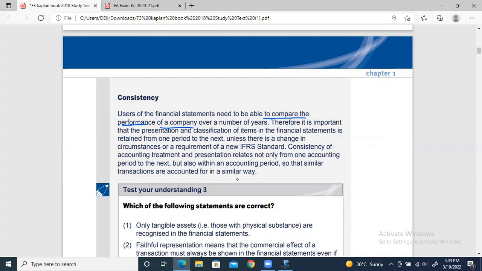We studied this just above in comparability, right? In the enhancing financial statement characteristics, right? So consistency means if one company is following an accounting standard for one year, it should follow it for every year until that item that it's accounting for is sold out, right?